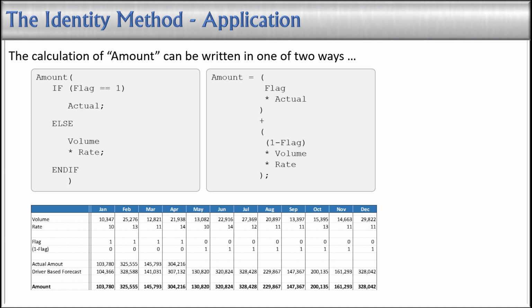In months where the flag is 0, I'll have flag times actual, 0 times actual, and the top term will go away. 1 minus flag is 1, so I'll be multiplying my forecast equation times 1, and I'll get my forecast equation. And so I can do a control flow in this case using 1s and 0s instead of having to use if-else.